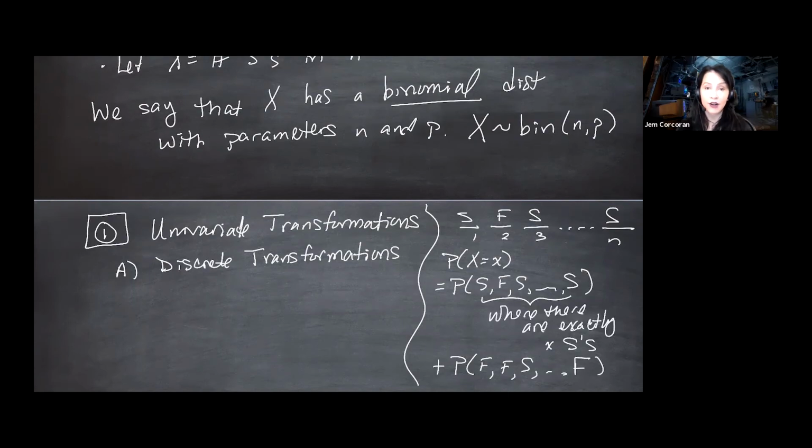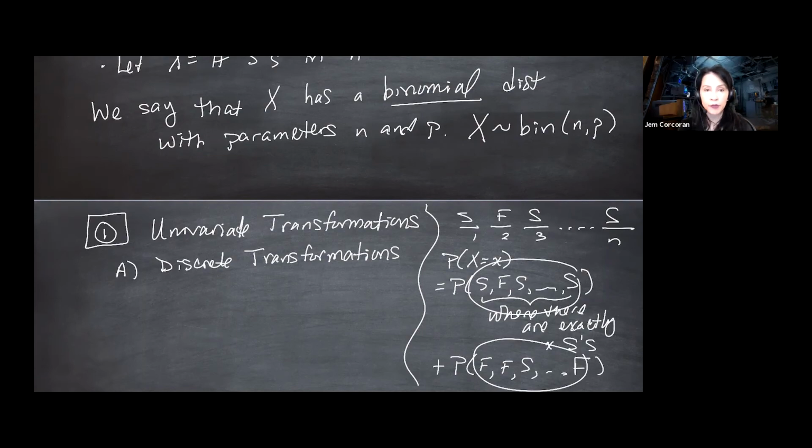We have to list out all possible ways where we have n things and exactly x of them are S. And so these are disjoint events, and there's many more here. I just didn't leave myself a lot of space for it. These are disjoint events, so to find the probability that one of them happens or another one happens or another one, it's like a union, and we get to add the individual probabilities.